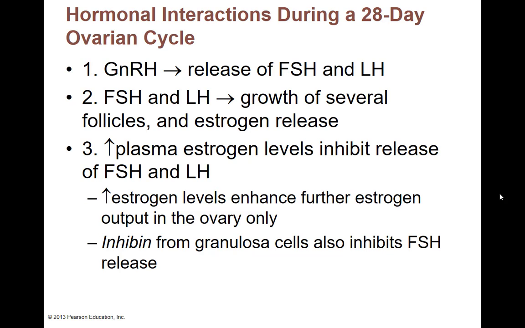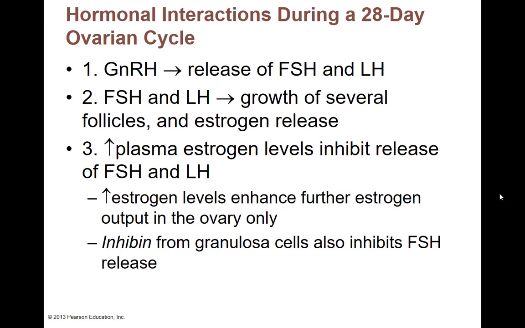Luteinizing hormone, this is really the big one for estrogen, as you're going to start to have rising levels of estrogen. So you start to grow follicles, you start to have estrogen. However, there is some feedback if you have too much estrogen.